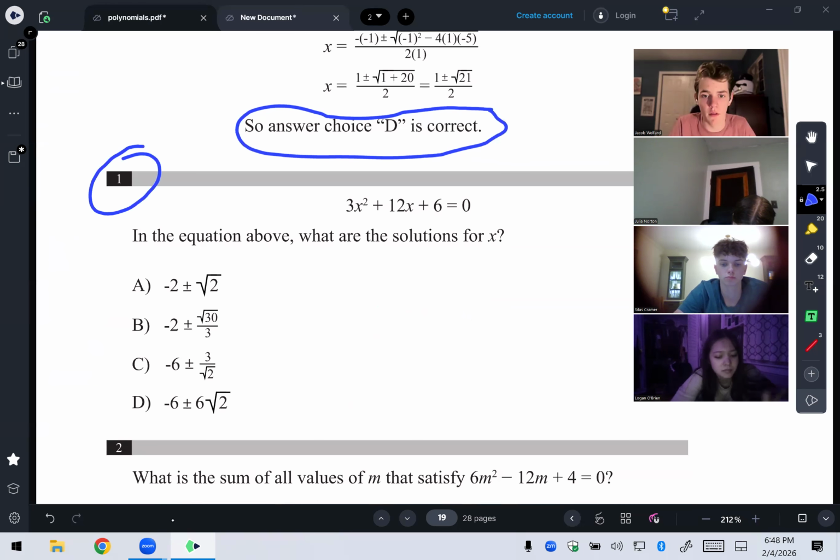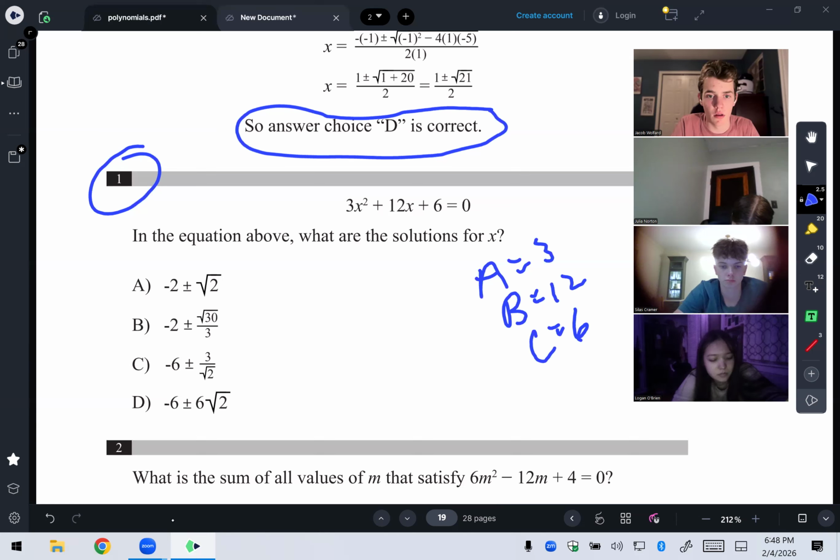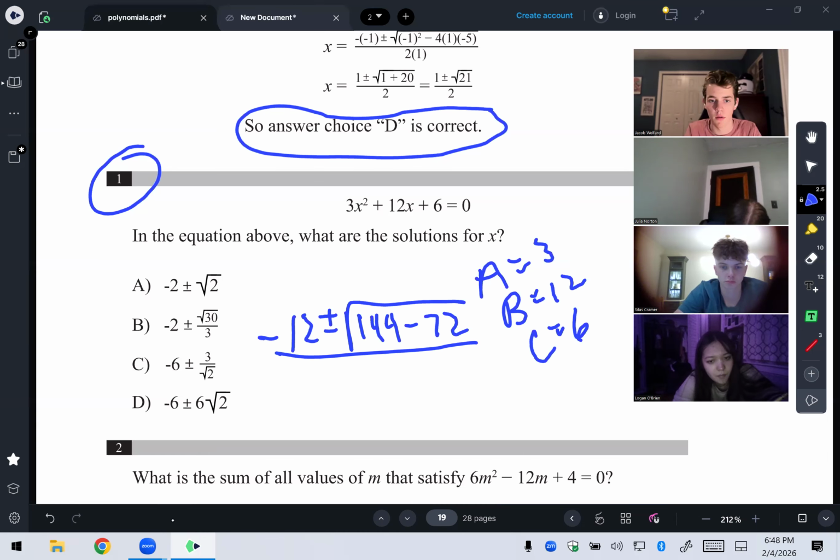Okay, so a is 3, b is 12, c is 6. So we need minus b plus or minus the square root of 144 minus 4 times 3 times 6, which is 72, all over 2a, which is going to be 6.